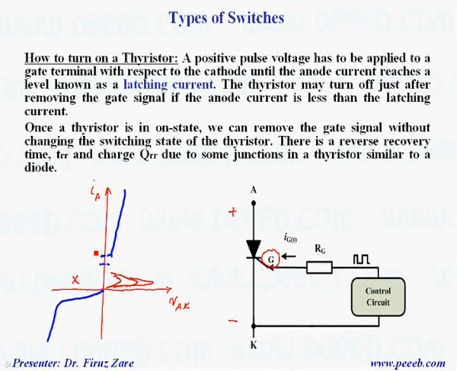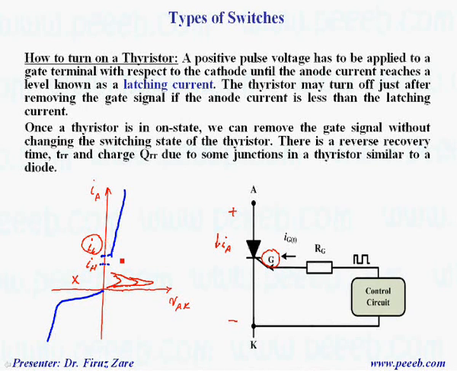So we have the latching current, which is defined by IL, and also the holding current. Latching current means that when the thyristor is turning on, the current through the thyristor, when we remove the gate signal, should be more than the latching current.